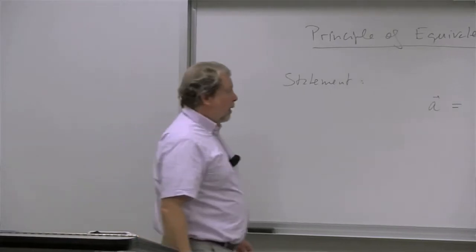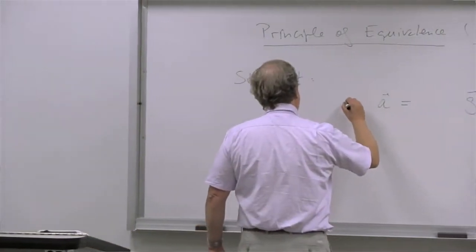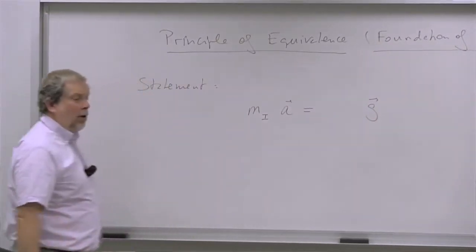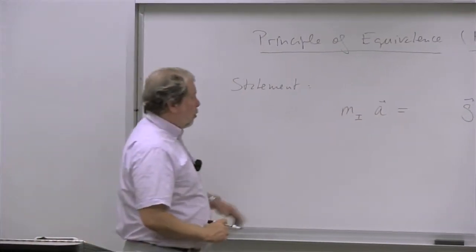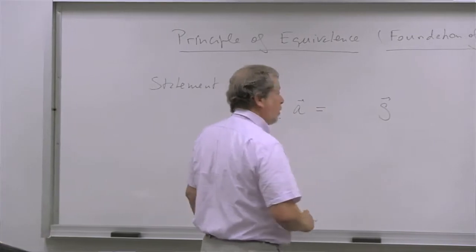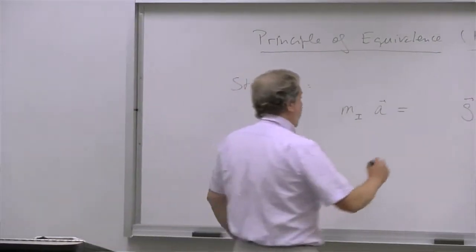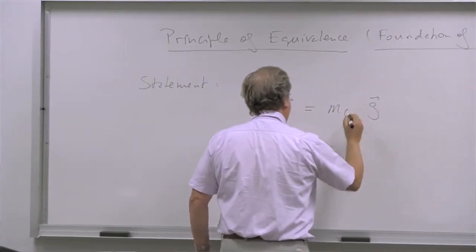But the coefficients that come in on the two sides are somewhat different, right? We usually write it in this way. But in fact, we have, on the one hand, the inertial mass times the acceleration. So that's, if you want, the right-hand side of F equal ma. And on this side, we have the gravitational mass.